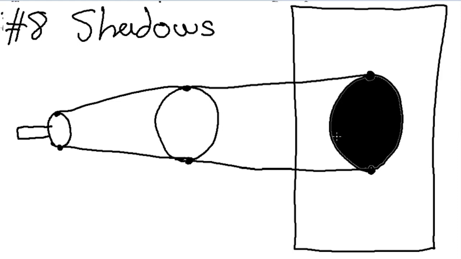There's another form of shadow called penumbra. Penumbra is like a small region around the shadow with slight light in it. How penumbra works is you take the top of the flashlight, and instead of going to the top, it goes to the bottom, and then it's going to hit the wall.